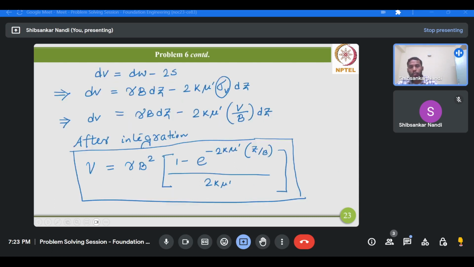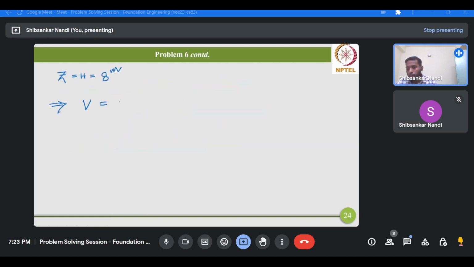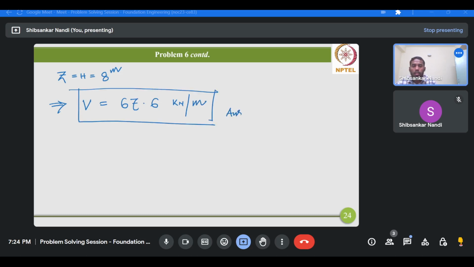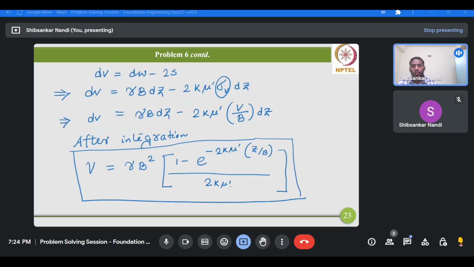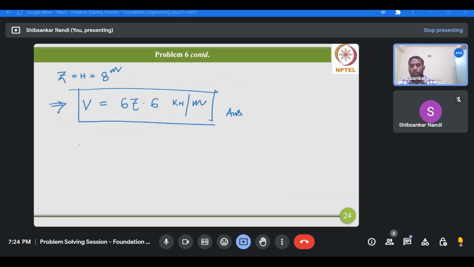Okay, this rigid pipe. So this value would be, I hope, 67.6 kilonewton per meter, and this is the answer. So we have to just substitute the values there. Okay, so I have skipped that part here.